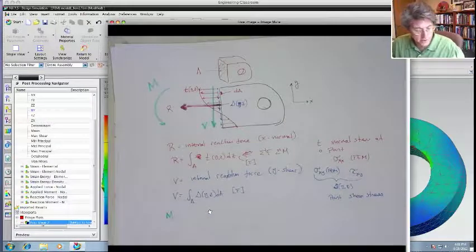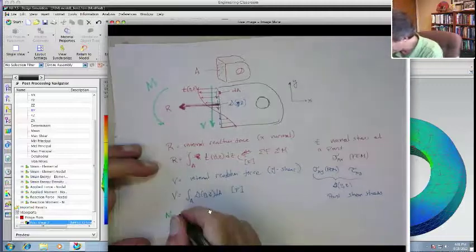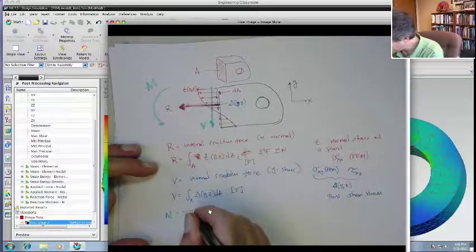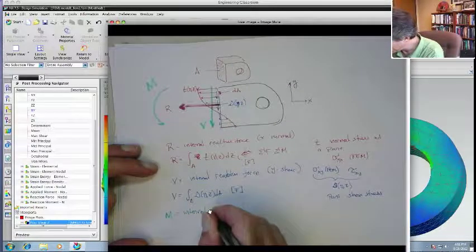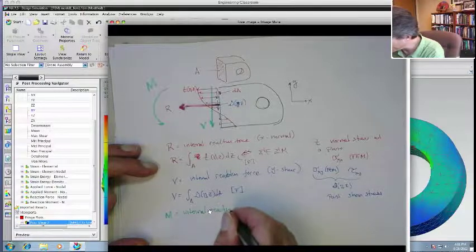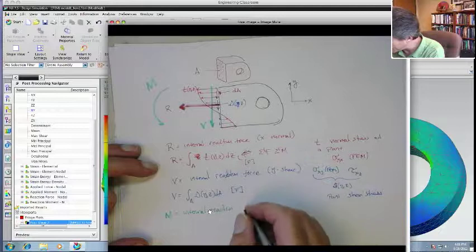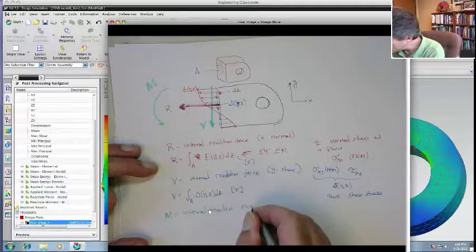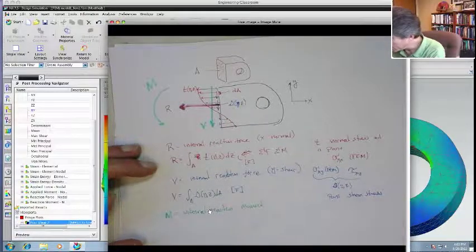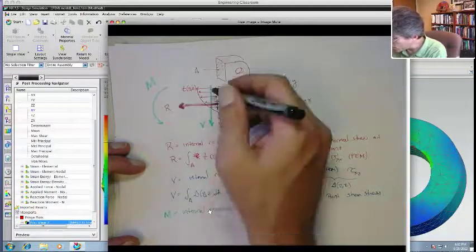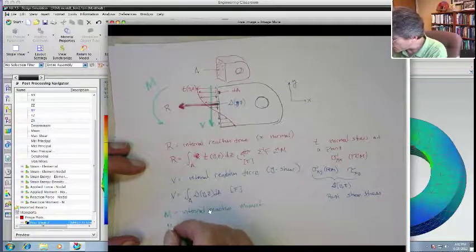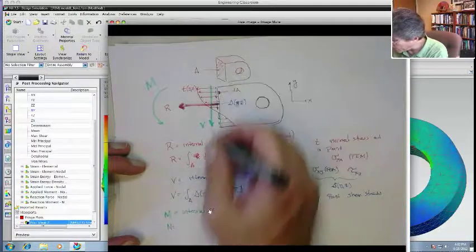M is the internal reaction moment. Again, this is what we would get from sum of force and sum of moments on the free body diagram. Okay?